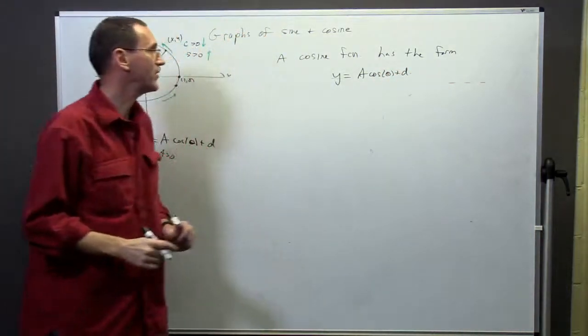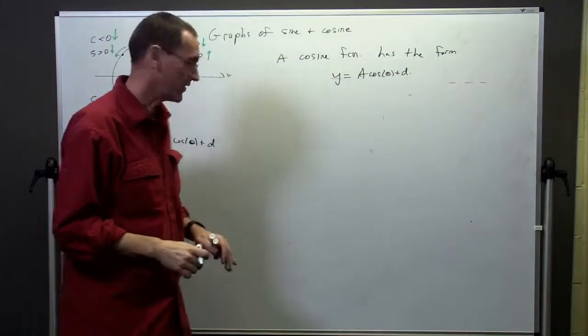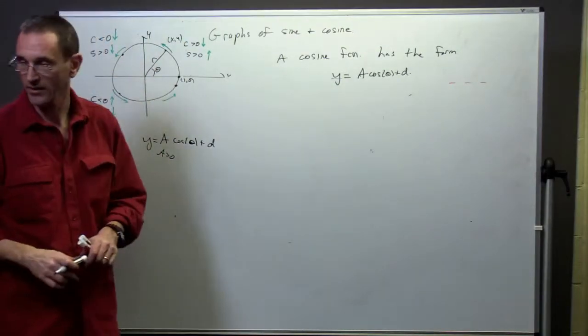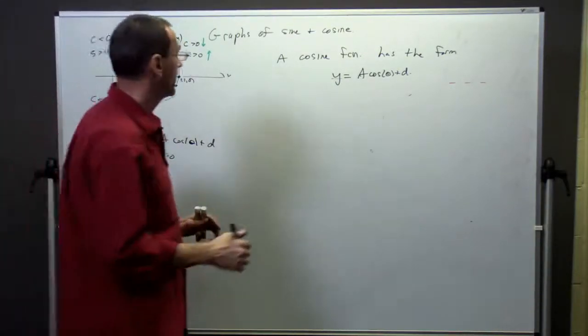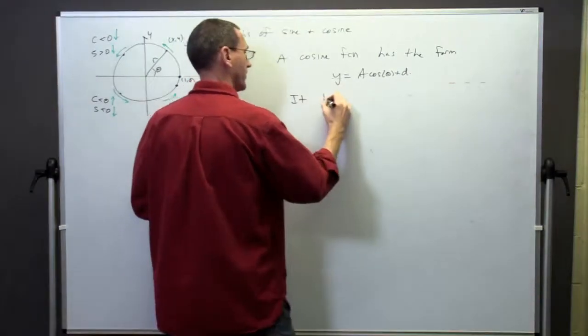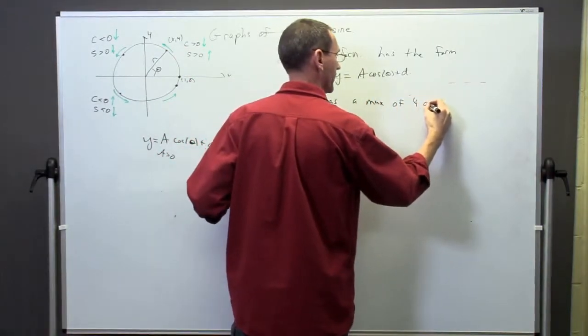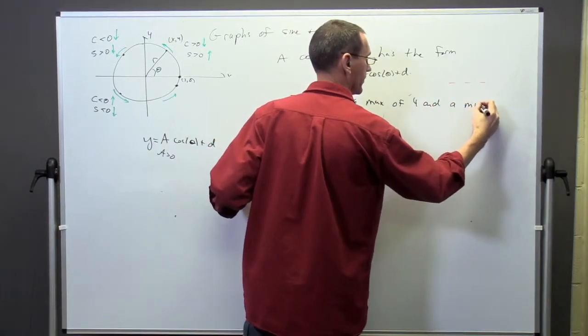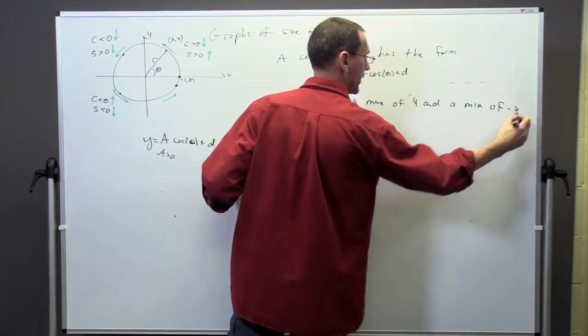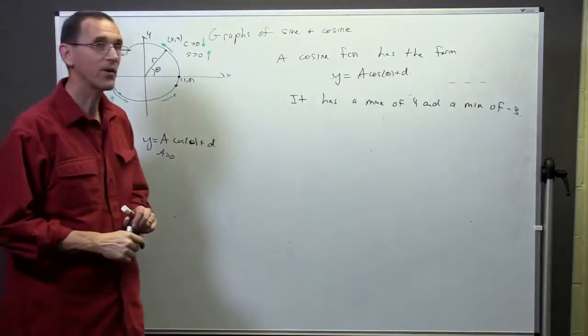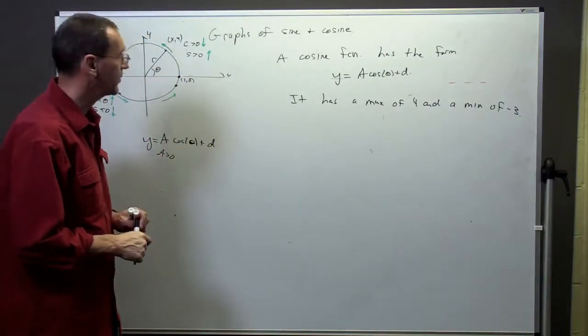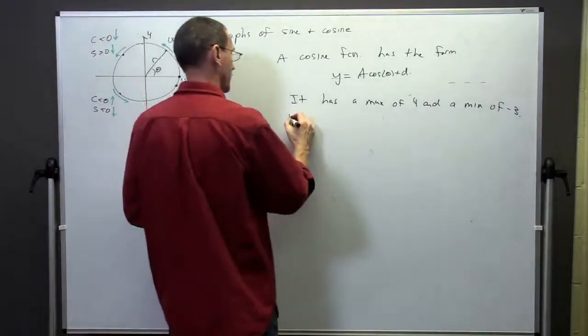We've got a cosine function. It's in the form of a cosine theta plus d, so it's exactly like what I had here. And I assume that its max is 4 and its minimum is -3. So the question is what is a and d?